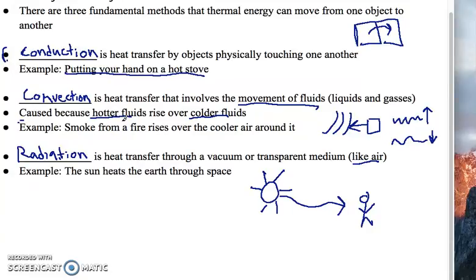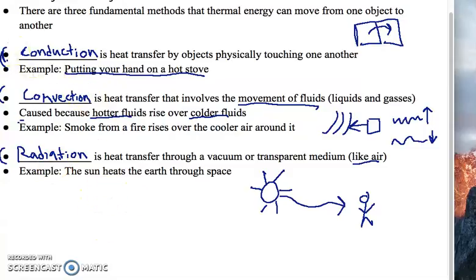Conduction: two things touching, you get a movement of heat. Convection: you have moving fluids, and you get a transfer of heat. Or radiation: something's radiating heat out, like from the sun. Basically, it could go through nothing or something transparent, and that's when you'd say there's radiation.